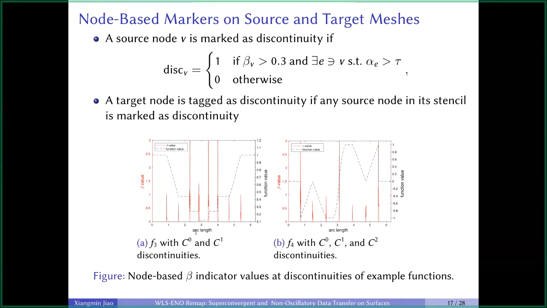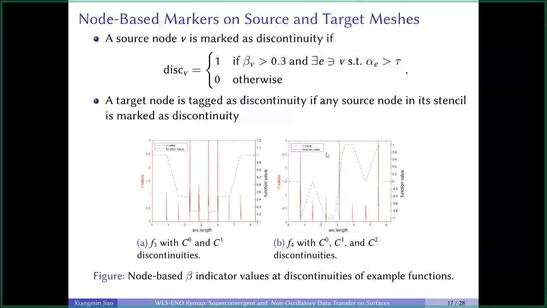So here is an example where you have discontinuous functions with C0 and C1 discontinuities, and you can see that beta blows up at C0 discontinuities, and they are pretty large at the C1 discontinuities, and they're basically zeros in smooth regions. So it has a very, very clear cut.